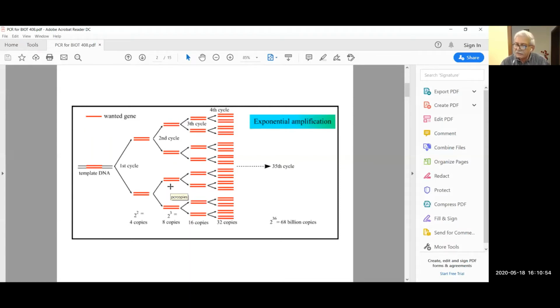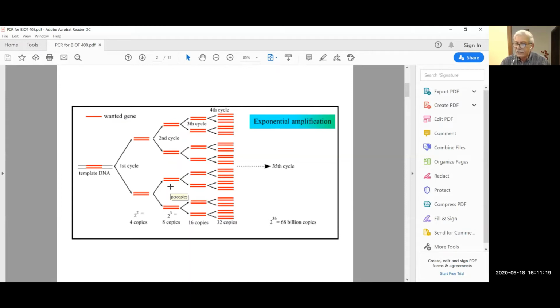That every cycle doubles the amount of template, and the efficiency of PCR reaction, we say, is doubling. Doubling means one template molecule is amplified to 2 with every cycle. And the efficiency of the reaction is therefore 2. That with every reaction, it is doubling.